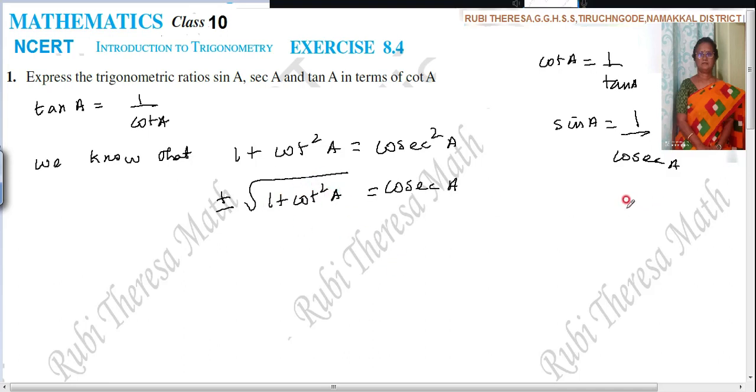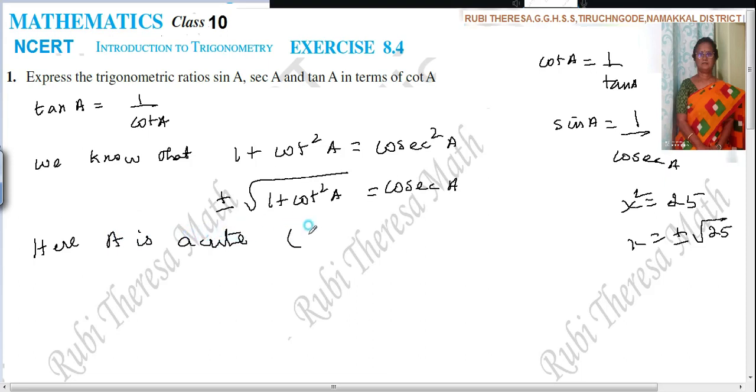Why plus or minus? Suppose if x squared equal to 25, then x equal to what? Plus or minus root of 25, isn't it? But here A is acute, that is less than 90.